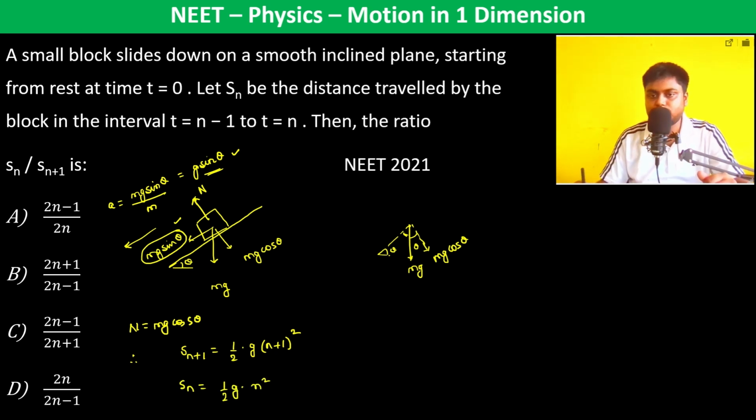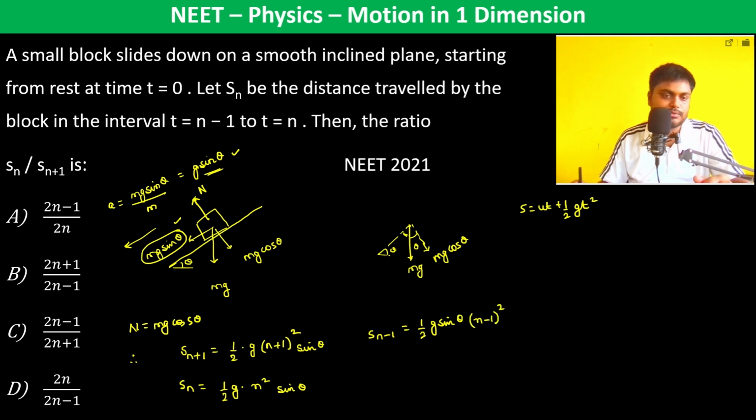So we are using this formula, S equals ut plus half gt square. Of course here g has a sin theta component also, which is multiplied with it. And S of n minus 1 is equal to half of g sin theta into n minus 1 whole square.